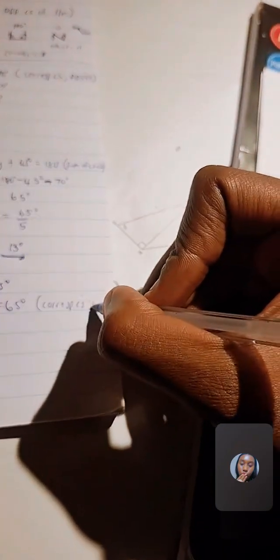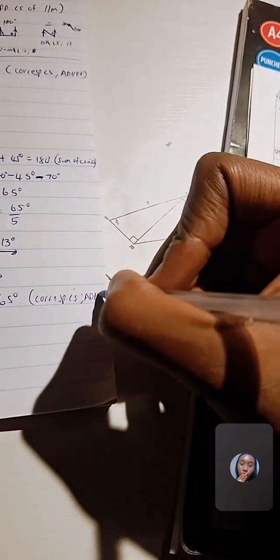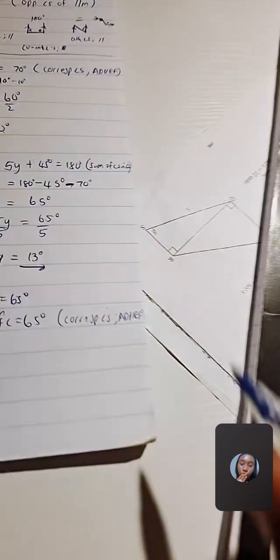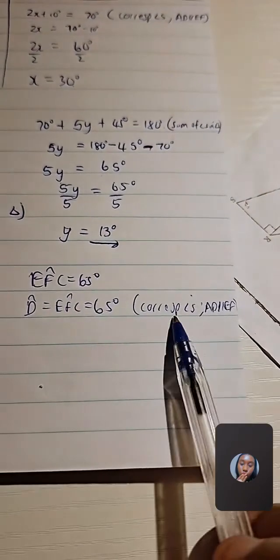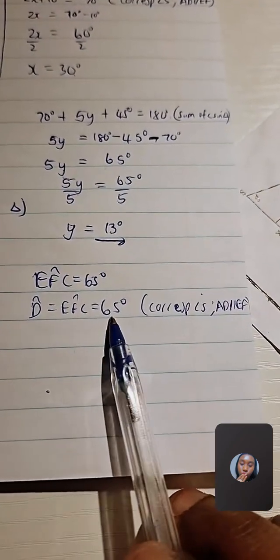The reason we say that is corresponding angles. Which lines are parallel? AD is parallel to EF. If AD is parallel to EF, guys, then it stands to beautiful reason.